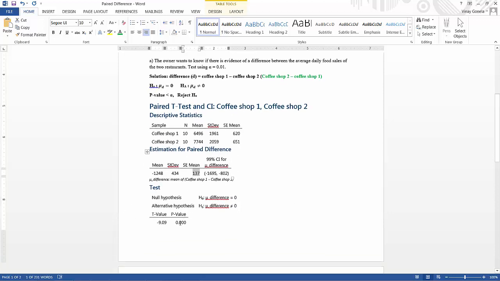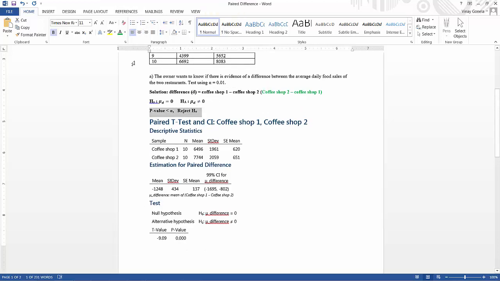So now the test, we get a p-value of 0. Again we are looking at p-value less than alpha, we reject H null. So I will highlight that. So now our p-value is 0. Is it less than our alpha value of 0.01? Is this statement true? This is a true statement.